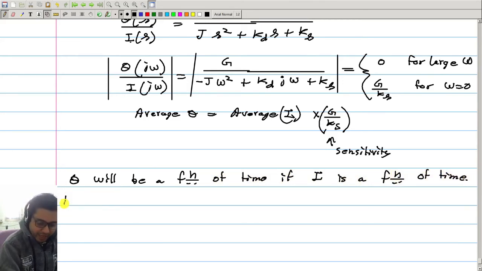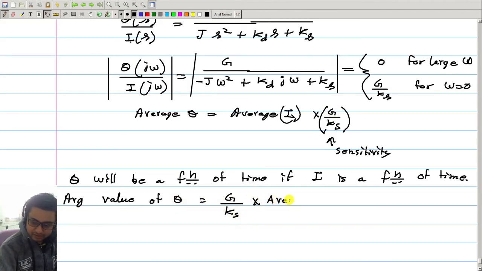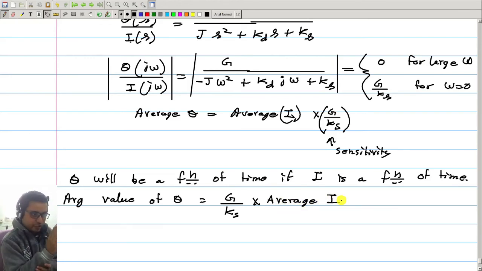But the average value of theta will be G by Ks multiplied by the average current I. On top of that, there may be oscillations depending on the frequency. If the frequency is high, that oscillation will be so small that we cannot observe it.